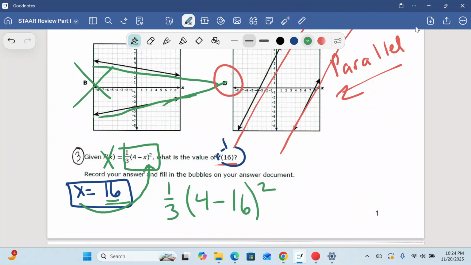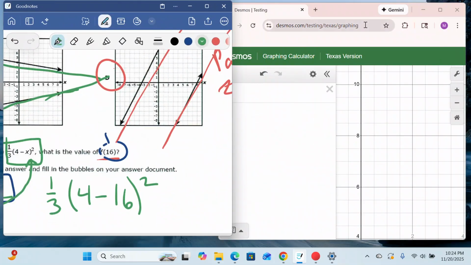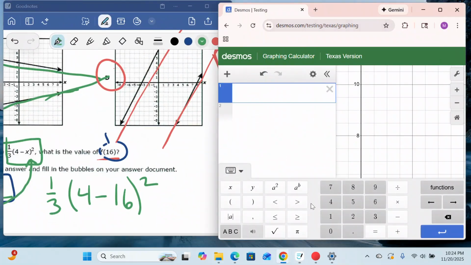So if I put this into Desmos, I'm going to let Desmos do the work for us. I'm going to go ahead and put 1 divided by 3. Then I'm going to push this arrow. I'm going to open parentheses, and then I'm going to go 4 minus x, which is 16.